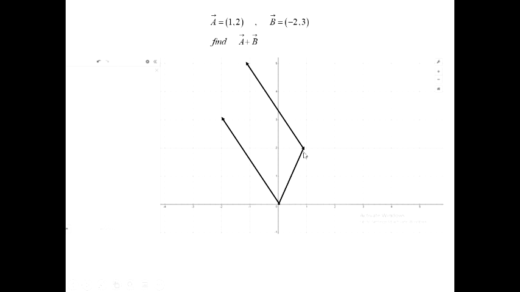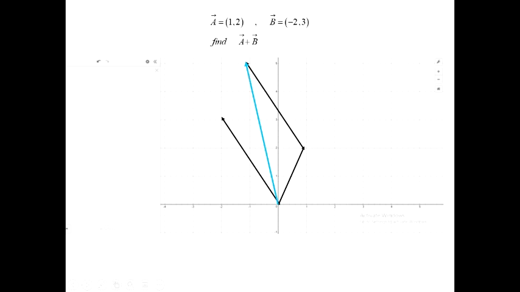Again, the ending point of the first vector is connected to the starting point of the second vector. Of course, you neglect this one as if it is not here, so the displacement is the answer.